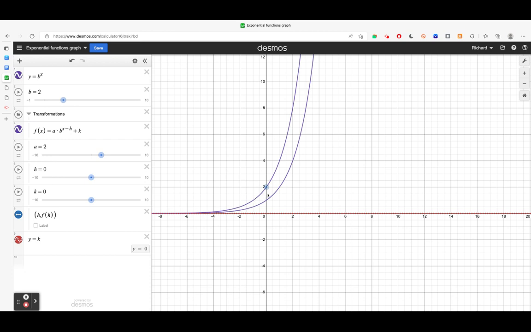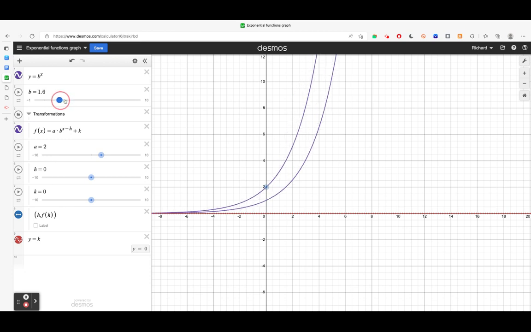So it is a stretch that is parallel to the y-axis, in the same direction as the y-axis. It does kind of look the same, doesn't it? It almost looks like it's just been shifted back, but that's not what has actually happened. Every single point has been stretched up. And that means that the y-intercept has also stretched up. So that is now 2 instead of 1.